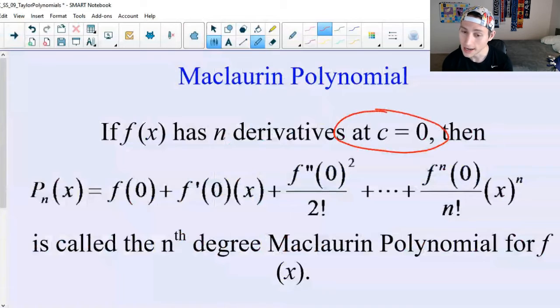Maclaurin really went all out and found the Taylor polynomial, and he's like, well, what about if you center it around 0? Maybe we should call that a Maclaurin polynomial. That'd be cool. And everyone was fully on board. They loved it. They were cheering. They're like, yeah, Maclaurin, how did you do it? Taylor sucks. That guy was dumb. He would have never guessed to put it around 0, but Maclaurin did. So thank God we have him. Well, had him in like the 1700s or something.